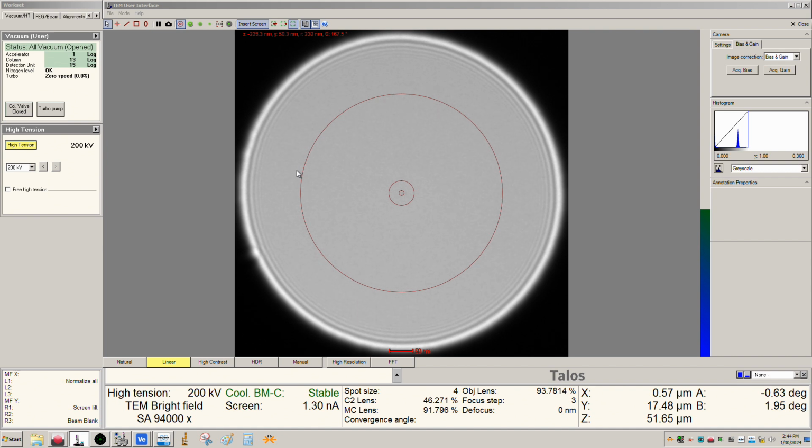We're talking about the order of a few eV to maybe 10 to 20 electron volts. And remember, your electrons are going through at 200 keV of energy, or even if it's 80 keV of energy. Just looking at the energy balance there, you have more than enough energy to cause knock-on damage.